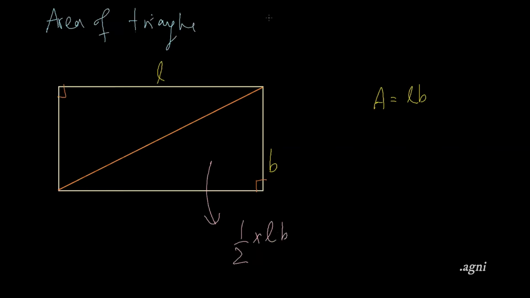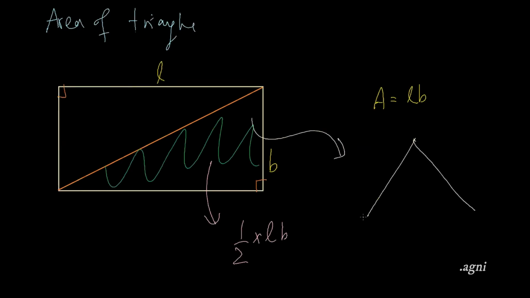So we modify this into a general triangle. You take any triangle. You consider this as your base. So you need to know the perpendicular height. That means the shortest distance, this is very important. The shortest distance between the top level and the base, which is like the ground level.